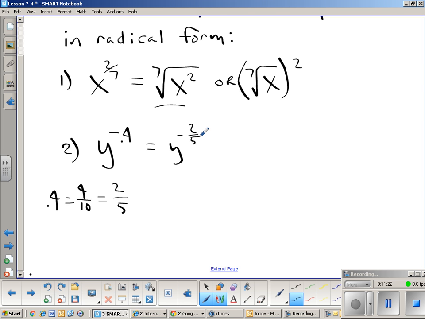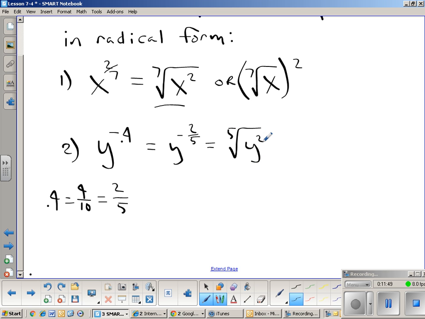So I'd write, what's that called if I put the 5 as the index? Louder? What was it called right here? What's this symbol? 7th root. So if I put the 5 as the index, it's called what? The 5th root. So 5th root of y squared.